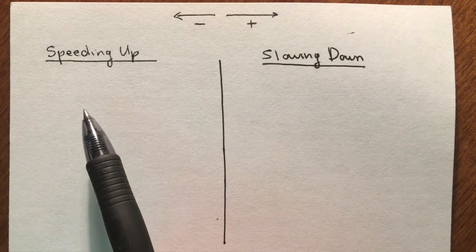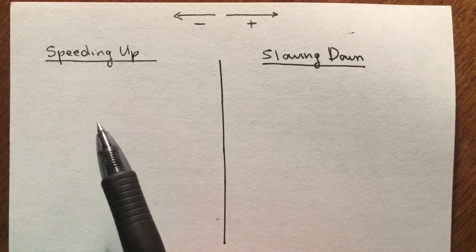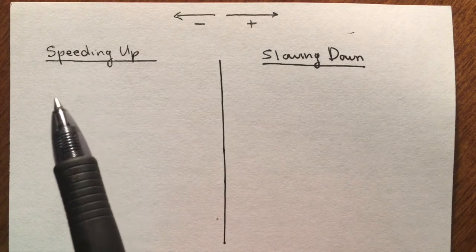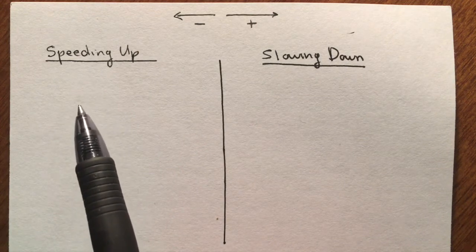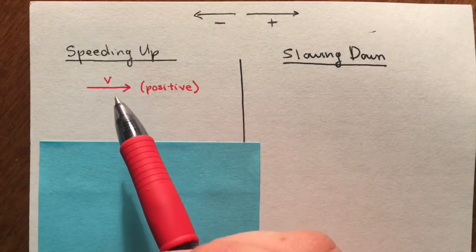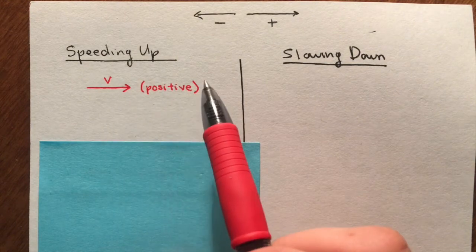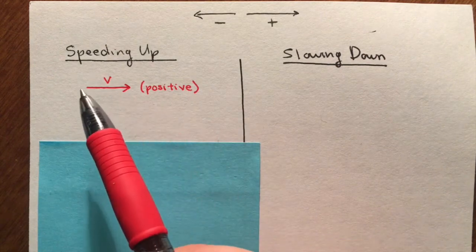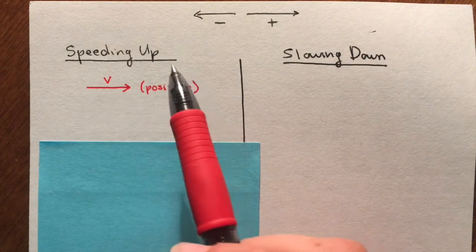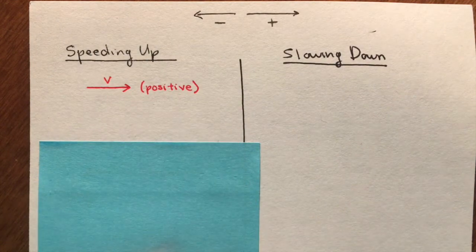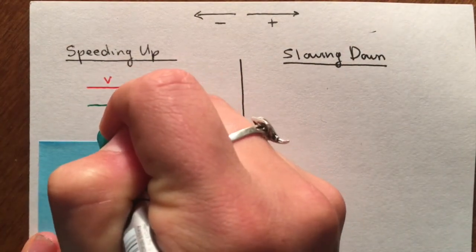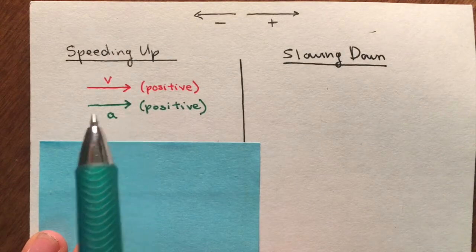When is an accelerating object speeding up? An object speeds up when the acceleration is pointed in the same direction as the speed or the velocity. For example, if an object has a positive velocity, meaning it is moving in the positive direction, and the acceleration also points in the positive direction, then this object is speeding up.